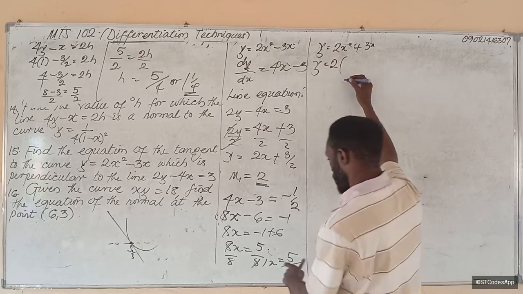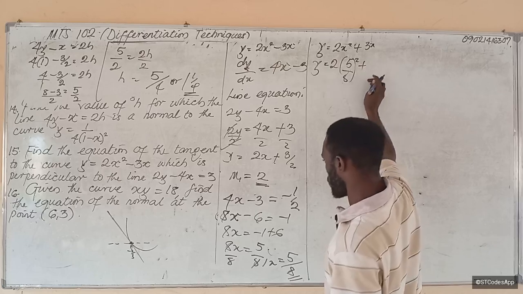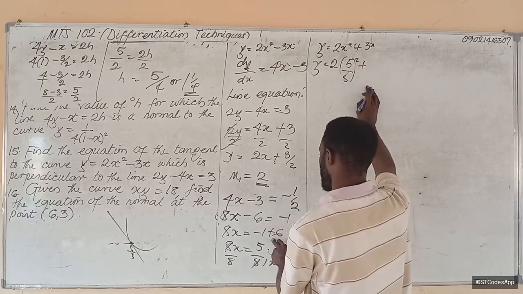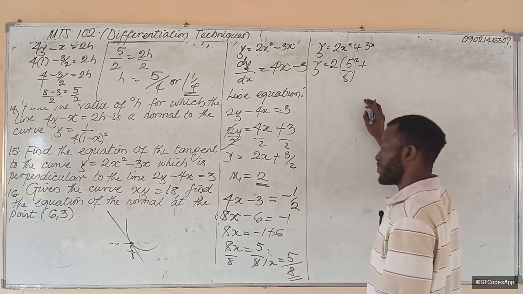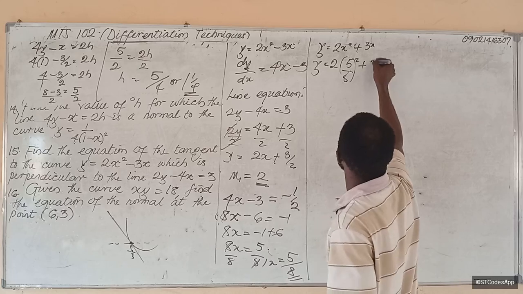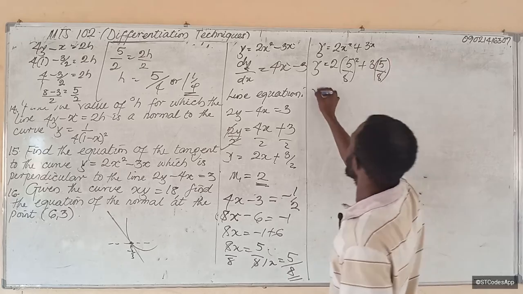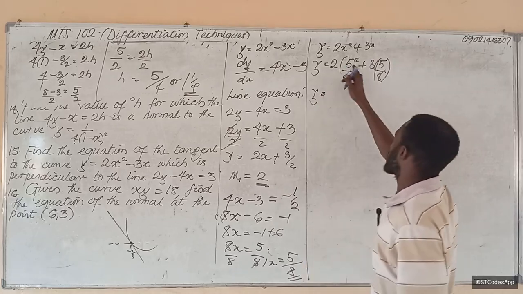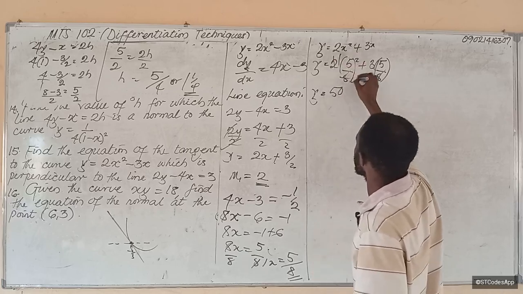So 2 into brackets, 5 over 8 squared plus, be sure you didn't make a mistake, 3 into bracket 5 over 8. So we have y will be equal to this squared, 25 times 2, 50. Okay, this takes care, so we have 4.